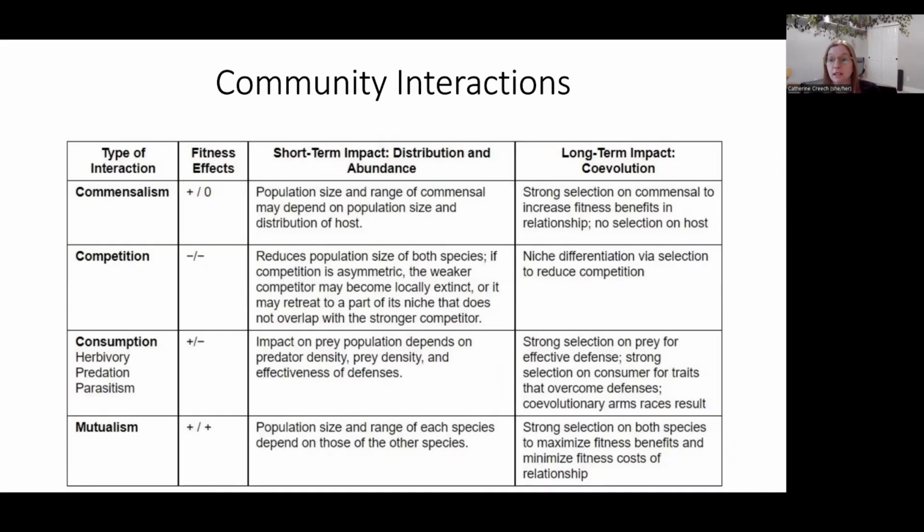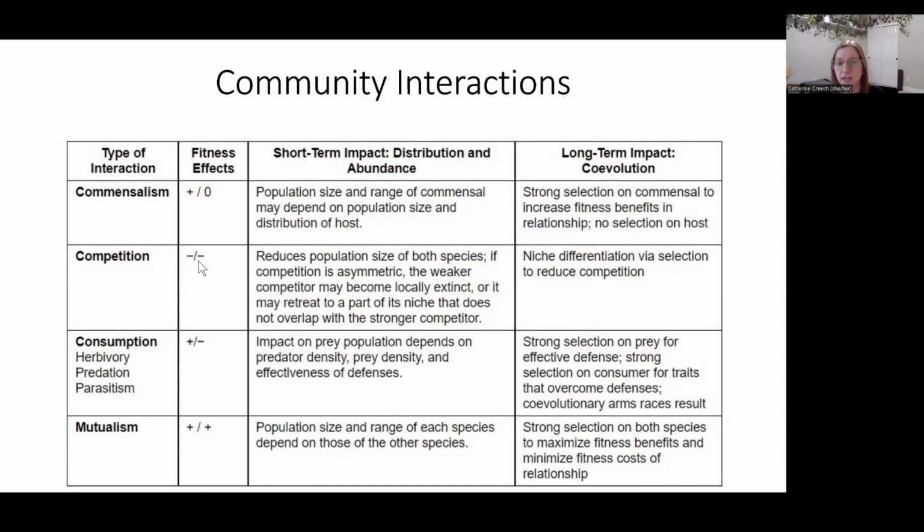We think that the moss would benefit because it gets a nice habitat to grow, but the tree that it's growing on is unharmed. Some people will argue that commensalisms don't actually exist, and it's really just that we don't understand the interactions between the species. And that's possible, but for right now, we think it exists. So commensalism: one benefits, the other is unharmed.